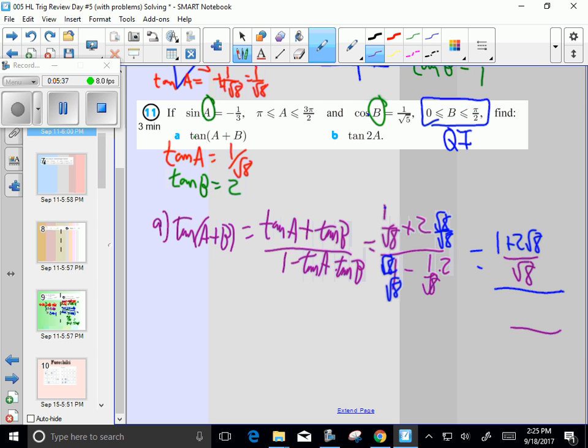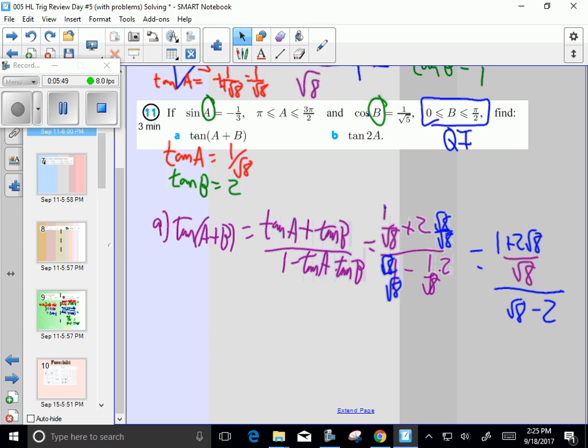This will be over the square root of 8. And this one's going to be square root of 8 minus 2. And then what happens to these square root of 8s? They're gone. Literally. And there's your answer. Is that good for that one? Did I go too fast?